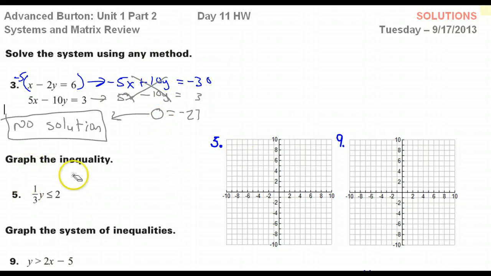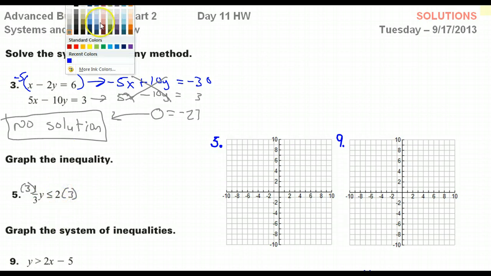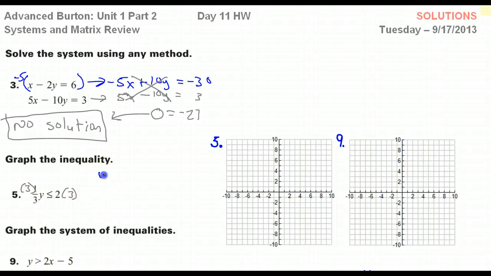Okay, so looking at number 5, graphing this inequality. If you want to graph an inequality, the thing to do is to get the y by itself. I would do that by multiplying both sides by 3. That is going to give me y is less than or equal to 6, because the 3's cancel out.